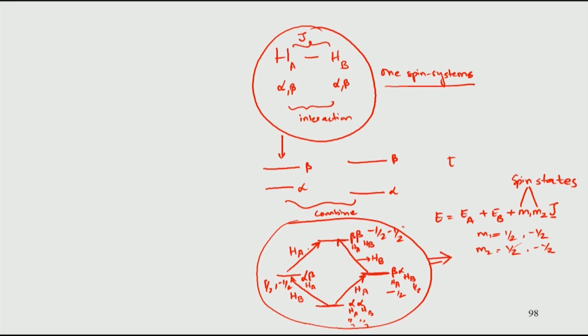What happens is, if you look at this picture on this side, if I draw a line here and look at this energy level, this is E A plus E B plus M1 M2 J, but M1 and M2 both of them are plus half, and therefore, this total adds up to a value of J by 4, half into half into J. So, this basically becomes E A plus E B plus 1 by 4 J.